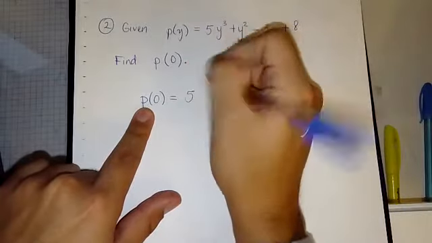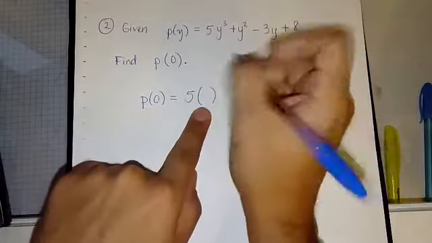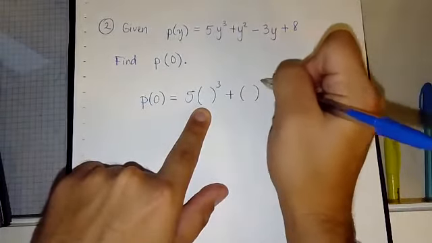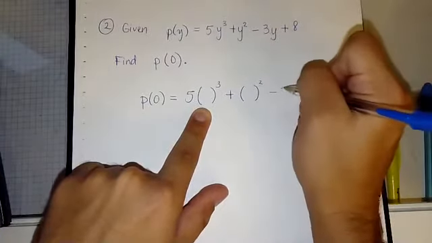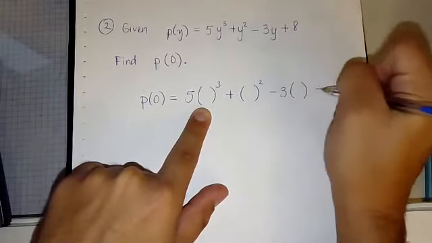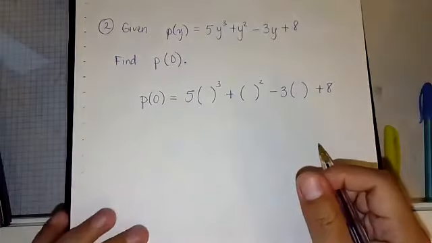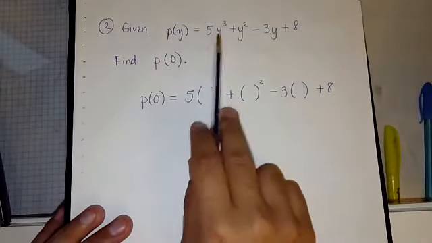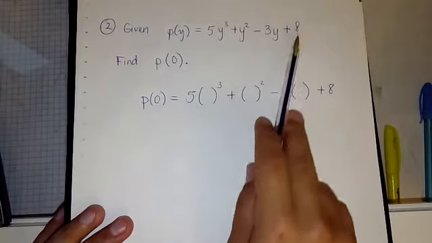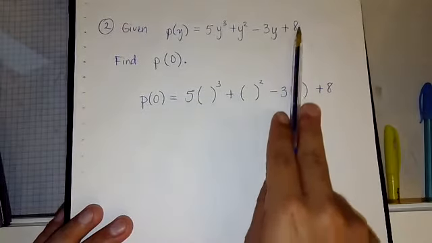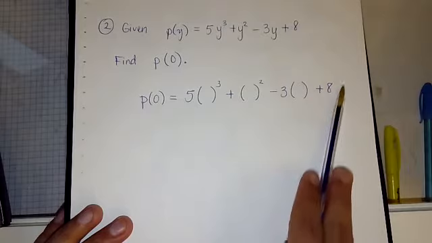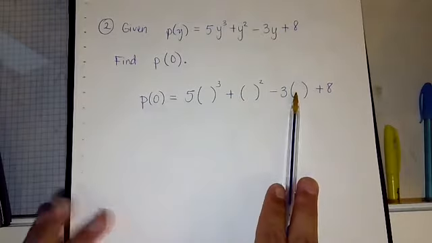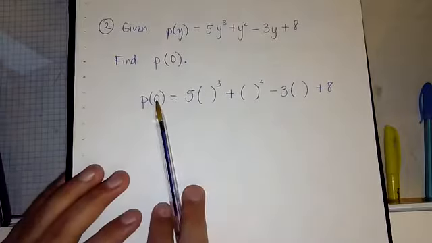So 5 times y to the third power plus y to the second power minus 3y plus 8. So be very careful. The number here only gets plugged in to the terms that have a variable. Again, that's why we called this a constant term, because it does not change, right? Only the variables will change. That's why we call them variables, okay?